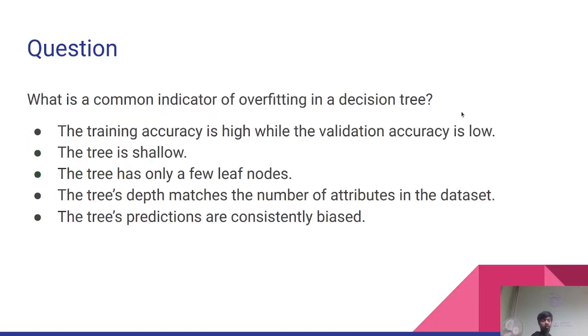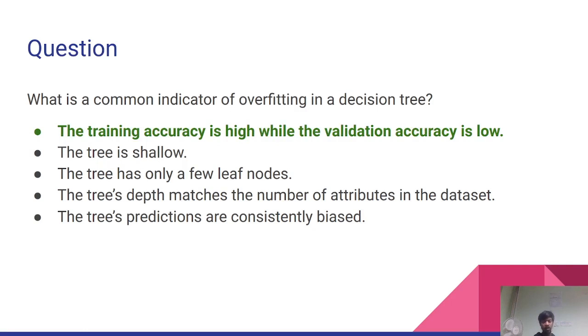In this question, and anywhere you see overfitting, the symptom will always be that accuracy is high during training and validation accuracy is low. If you consider loss, loss will be low during training and high during validation or testing. So this is the solution: training accuracy is high and validation accuracy is low.